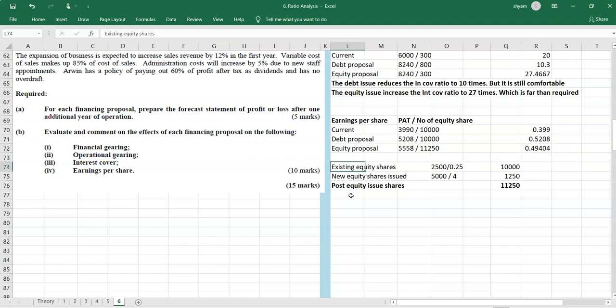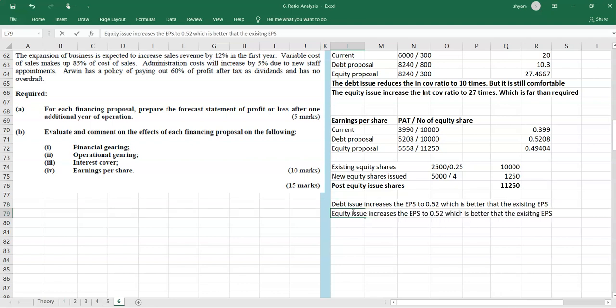Okay, so we can give an argument saying that debt issue increases the EPS to 0.52, which is better than the existing EPS.